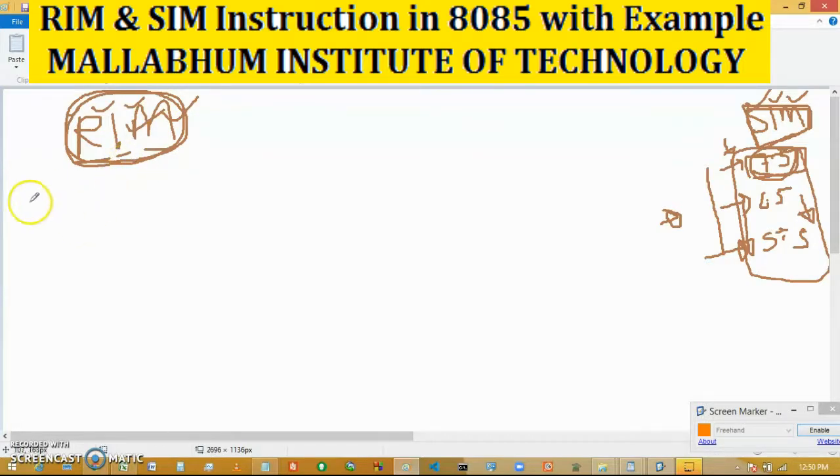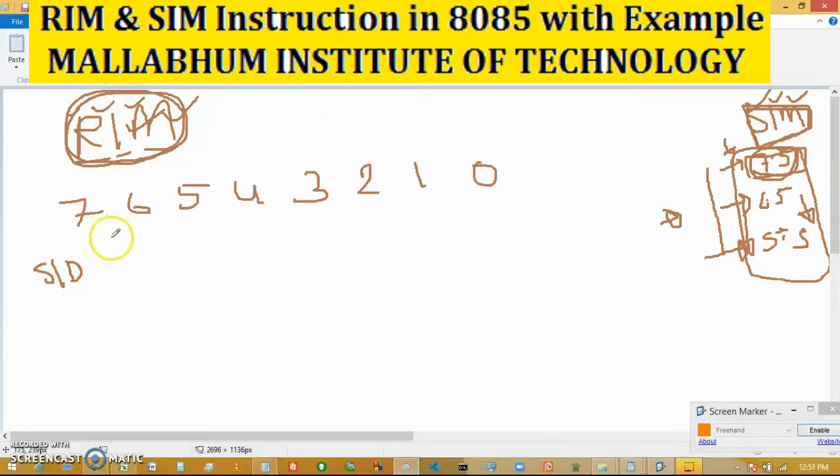So the pattern of this is bit number 7 6 5 4 3 2 1 0. First is for serial communication, the serial input data, which we are ignoring.